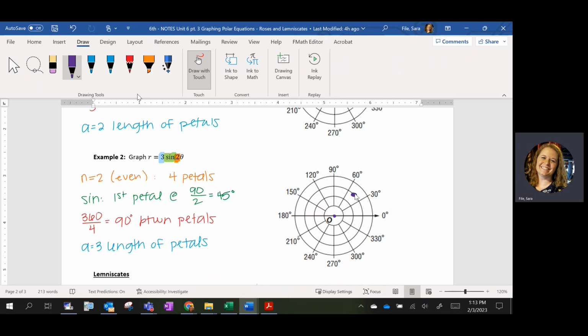Okay, and then I'm going to rotate 90 degrees. That's going to put me at 135. And I'm going to rotate 90 degrees. That's going to put me at 225. And I'm going to rotate another 90, which would put me at 315.